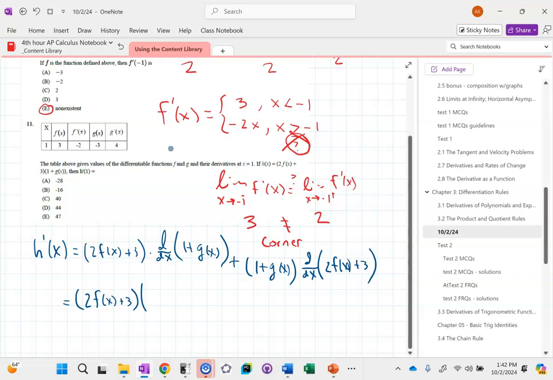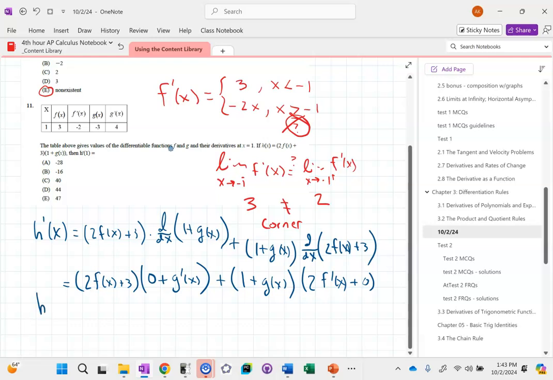Now, the derivative of 1 is 0, and the derivative of g of x is just g prime of x. So far, so good? Similarly, over here, the derivative of 2f of x is 2f prime of x, and the derivative of 3 is 0.